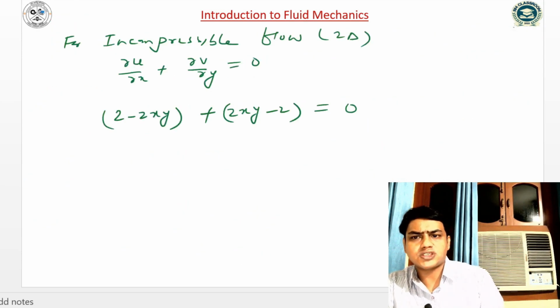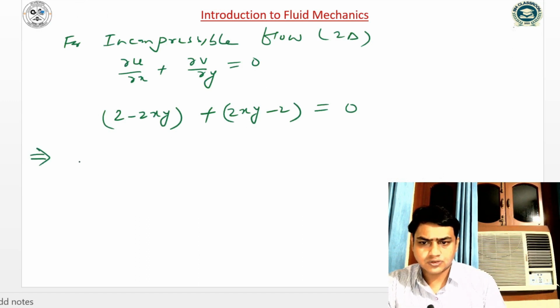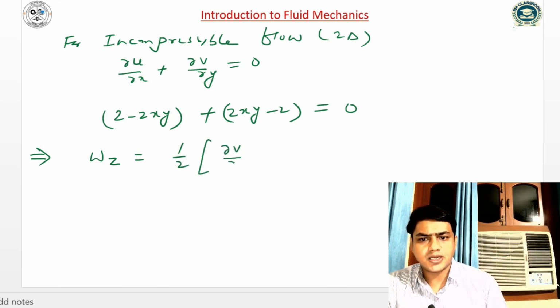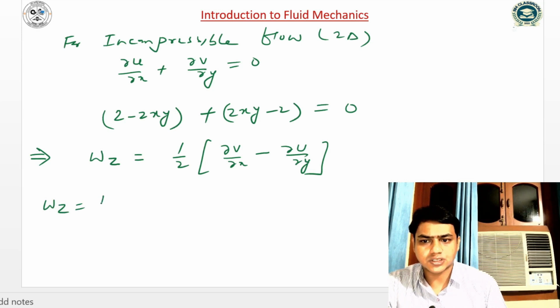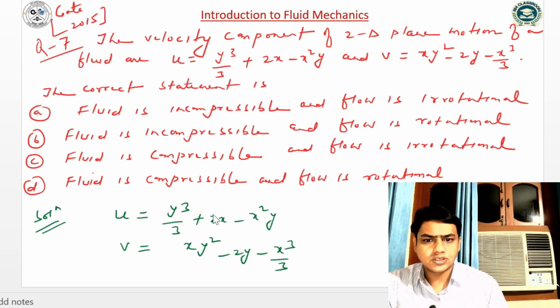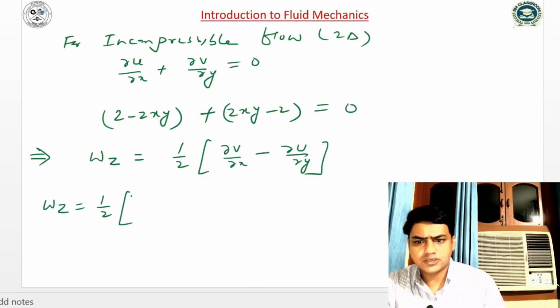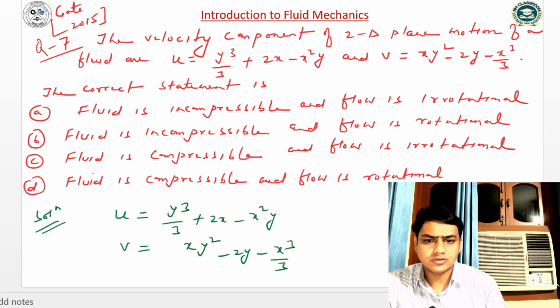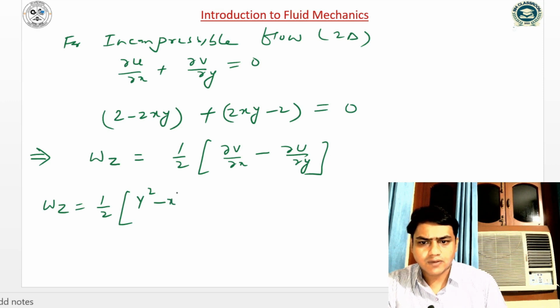Now we have to check whether the flow is rotational or irrotational. So we have to find the value of omega z, that is, 1 by 2 into del v by del x minus del u by del y. If this component is 0, the flow is irrotational, otherwise rotational. So del v by del x is y squared minus 3x squared by 3, so y squared minus x squared, minus del u by del y.